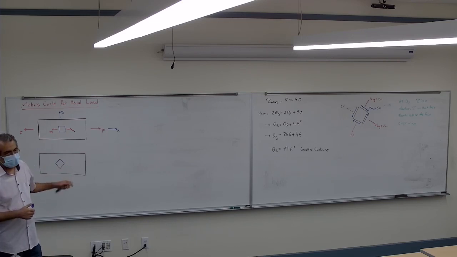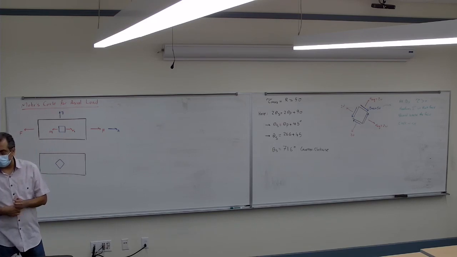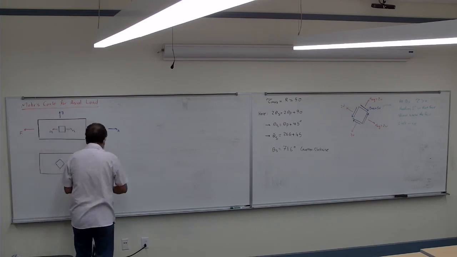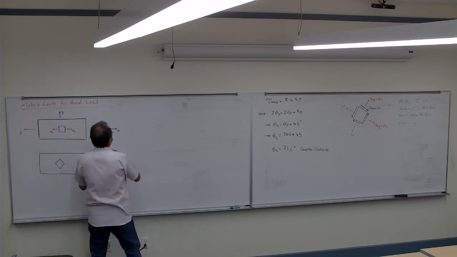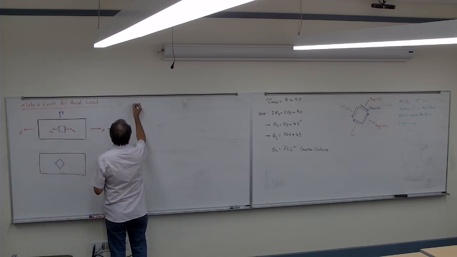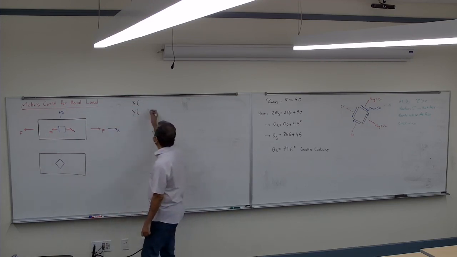I want to see what happened on that. Okay, let's go and draw the Mohr circle for that. If this is my case, what's the x and y point? How much is x? How much is y? Y is 0, and then X is just F.